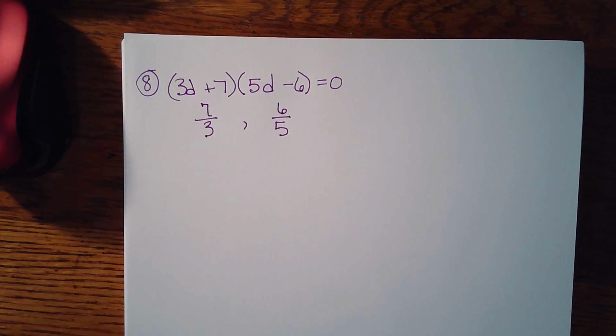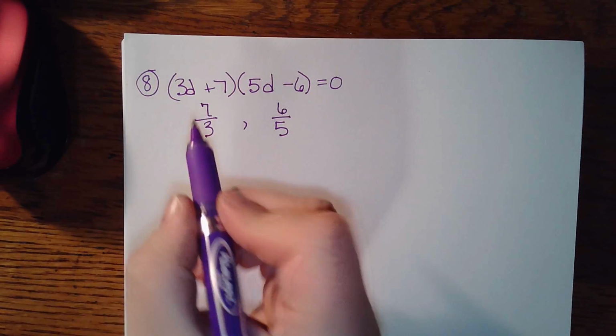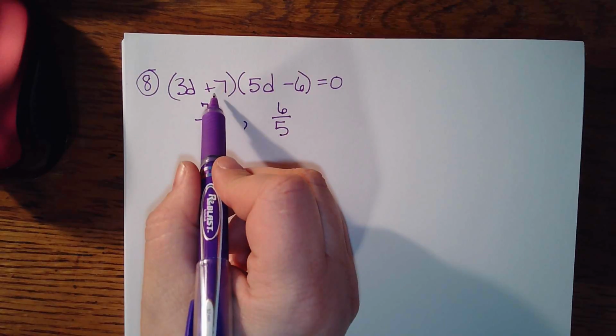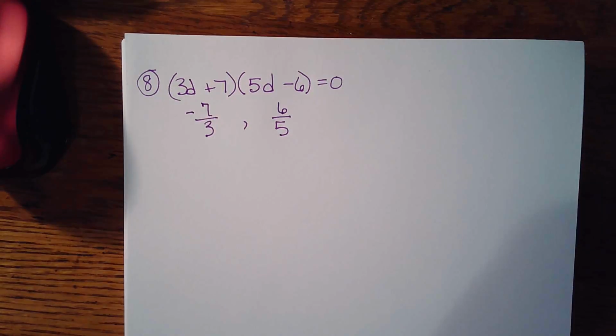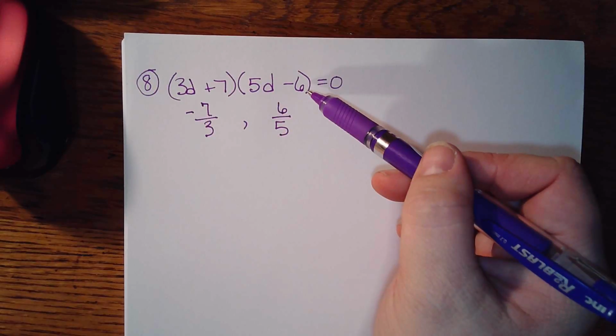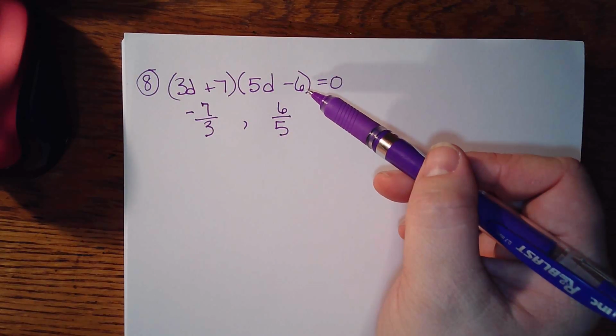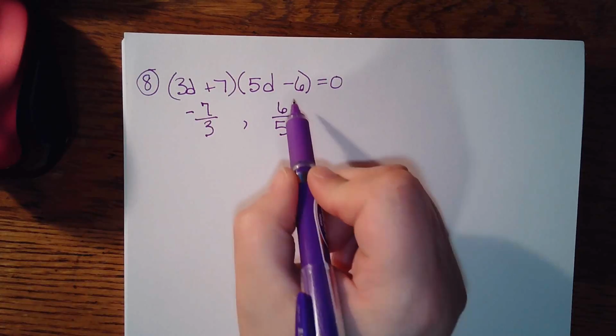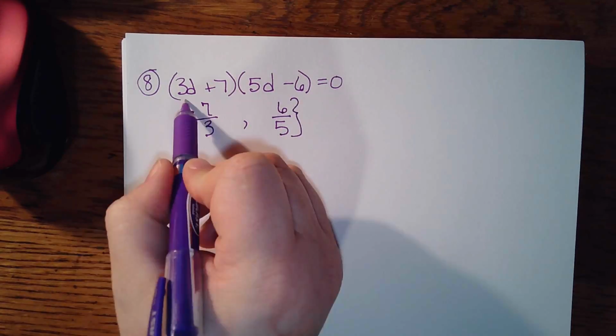Now, to get the correct sign, look at the original grouping. The first grouping is a positive, so it has to be the opposite because we know to solve we'd have to subtract it across. So that one is going to be negative. In this particular one, we would have to add the 6 across. So if we add it across, that means it's going to stay positive. And folks, that's all there is to it for this one.